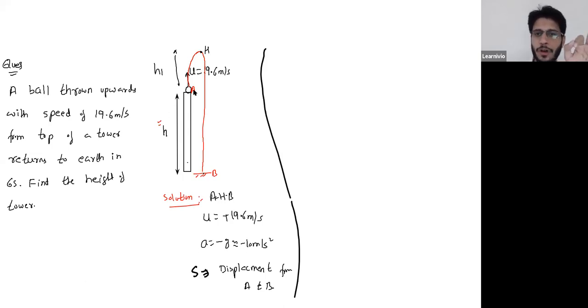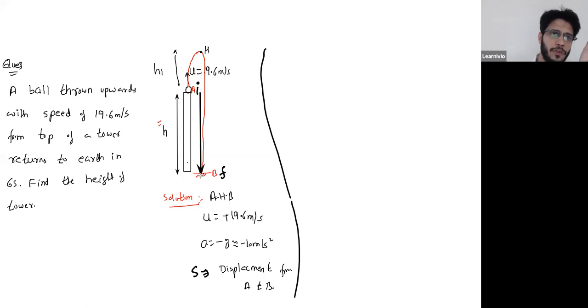So when I throw this body from A, the initial point is A and the final is B. When I'm asking you to calculate displacement, don't worry about the entire journey. Just worry about the initial and final position and move from initial to final.